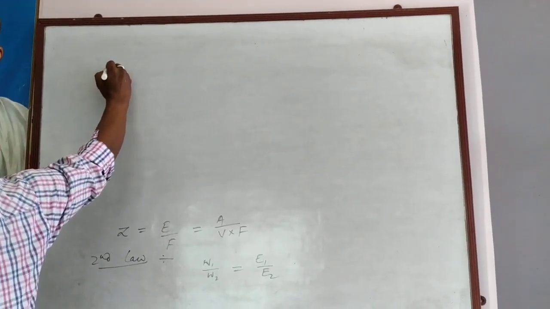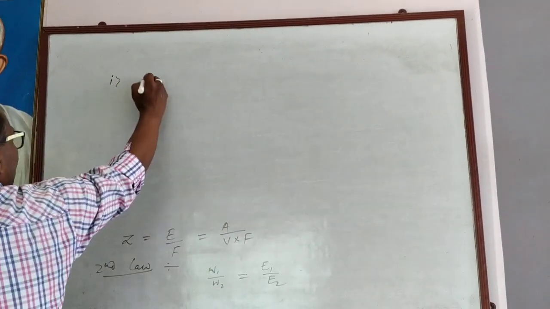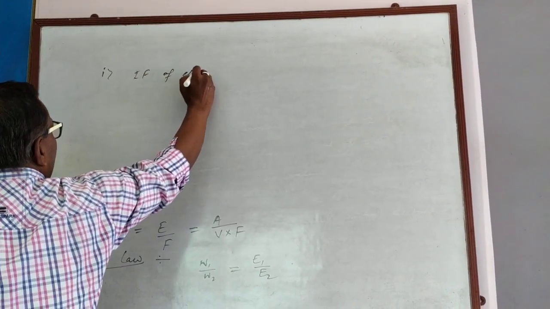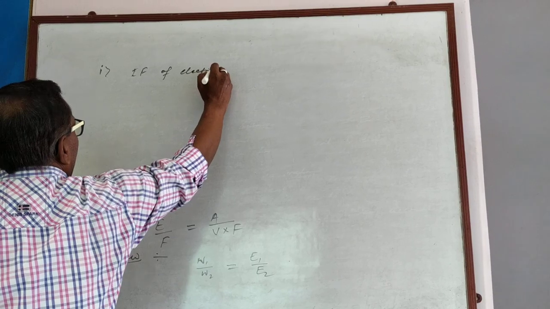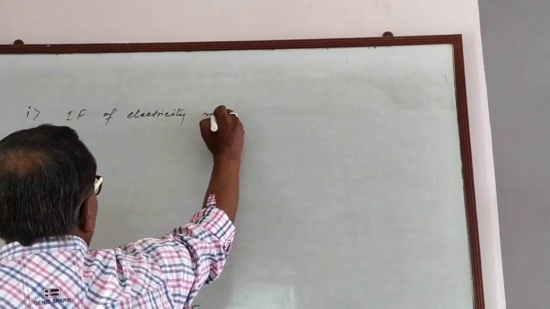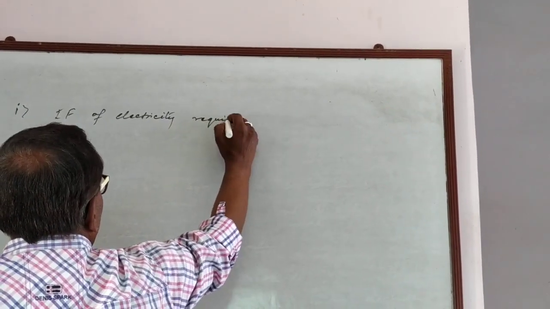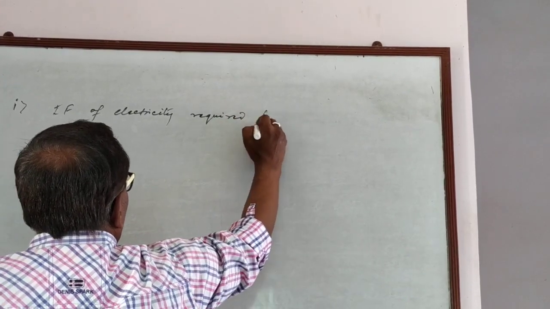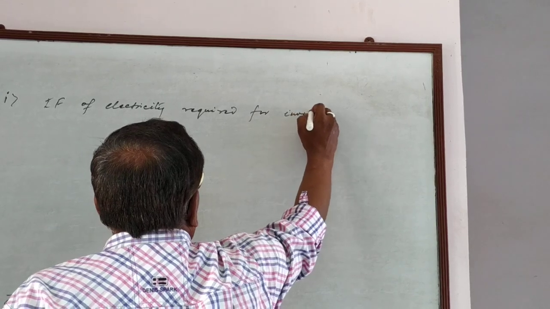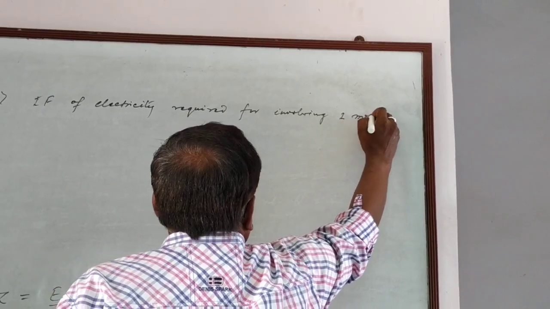Point number one: 1 Faraday of electricity or electric charge is required for or involves 1 mole of electron.